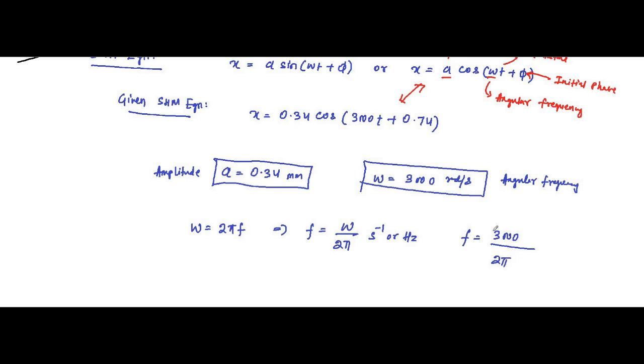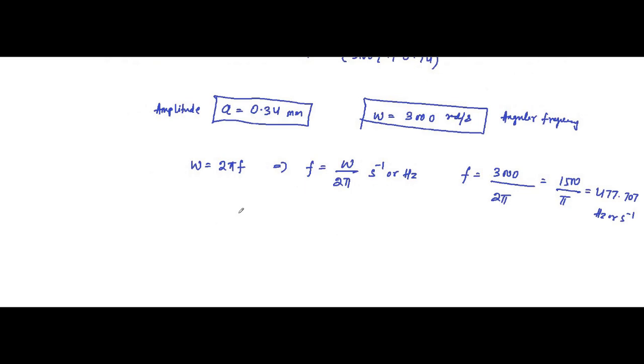You can keep it in this form, or find its decimal equivalent, which will be 1500 by pi. If it would have been 3, it would have been 500, but it is 3.14. So let us calculate. It is coming around 477.707 hertz or second inverse.